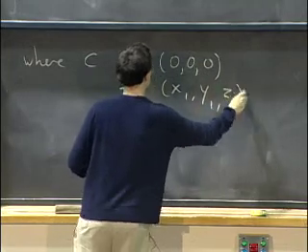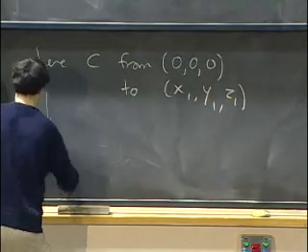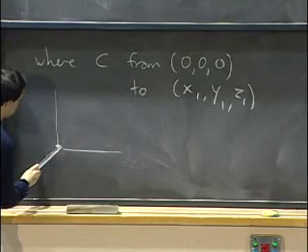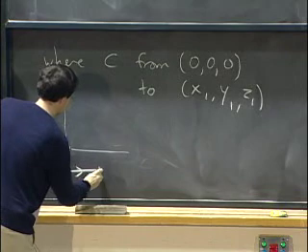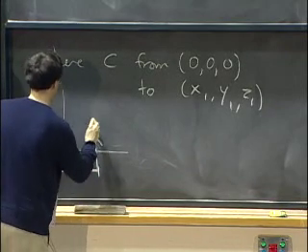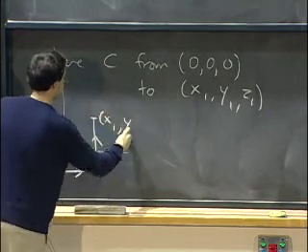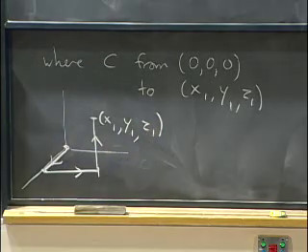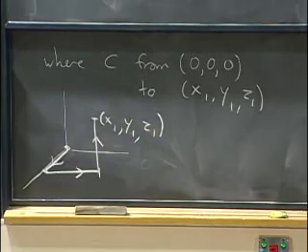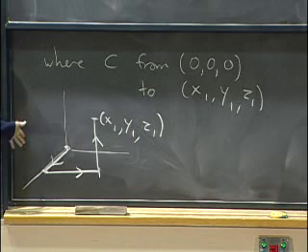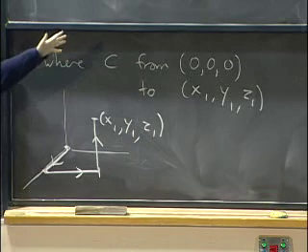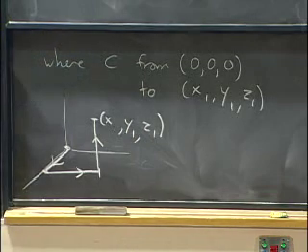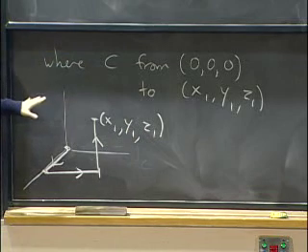Typically, the most common choice would be to go first along the x-axis, then parallel to the y-axis, and then parallel to the z-axis, all the way to my point x1, y1, z1. So I would just calculate 3 easy line integrals, add them together, and that would give me the value of my function. So that method works exactly the same way as it did in 2 variables.